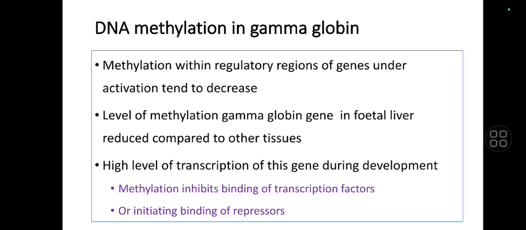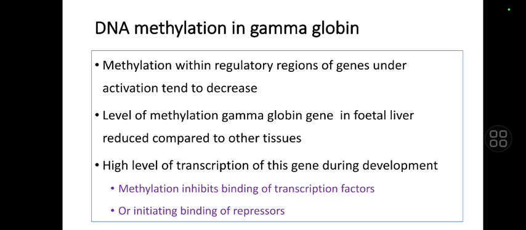The level of methylation in the gamma globin gene in fetal liver is highly reduced compared to other tissues, because in the fetal liver the production of gamma globin is essential for its development.